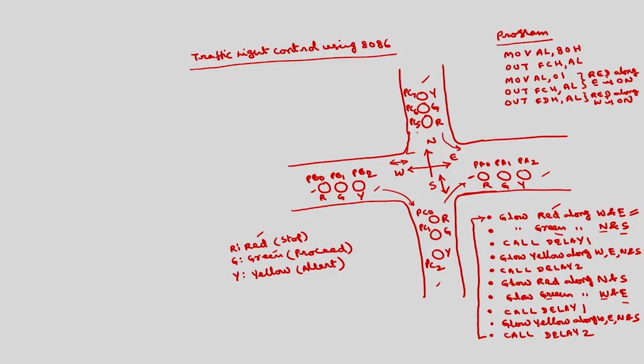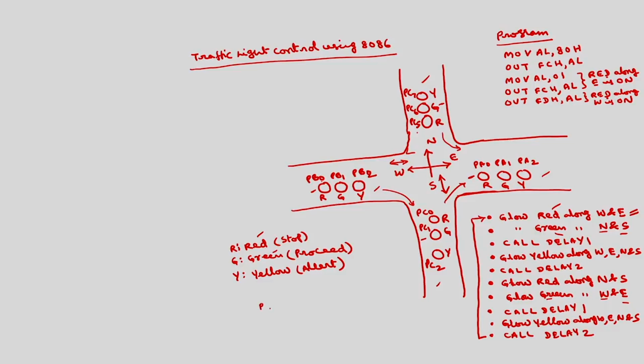Now, what do you have to do? We have to glow green along north and south, so that vehicles can pass from south to north as well as north to south. Green is connected to PC6 and PC1, only port C. So, PC1 and PC6 should be 1.